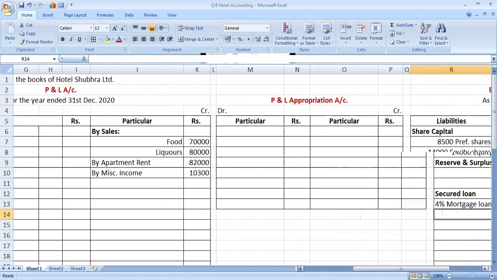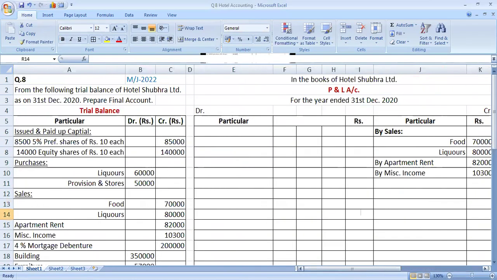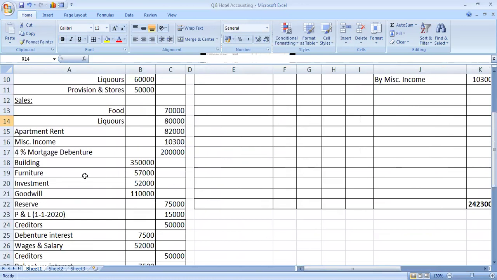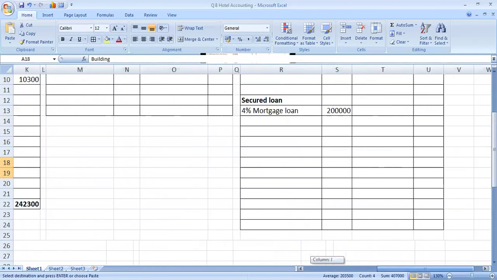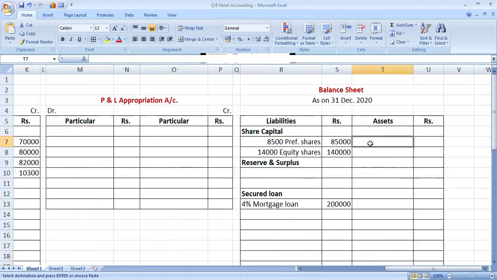Next item, building, furniture, investment, goodwill, these are the assets. Building and furniture are fixed assets, hence go under the heading of fixed assets, balance sheet asset side.